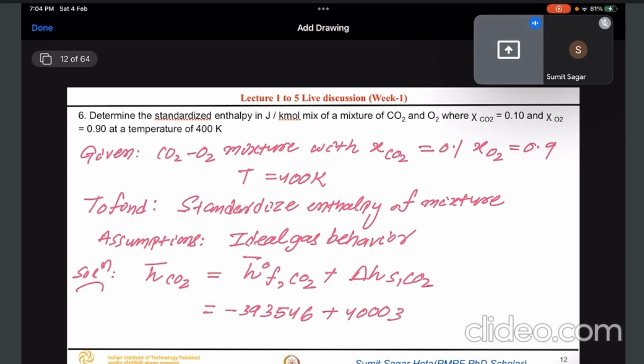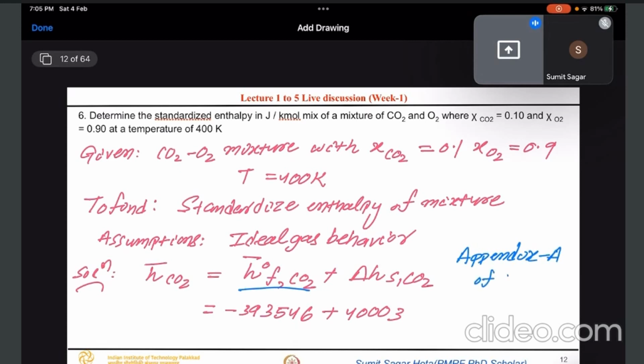What I exactly did, you see this, I just show you these values. All these values are already available in certain books. All these things are available in Appendix A. I write down everything, you can check.